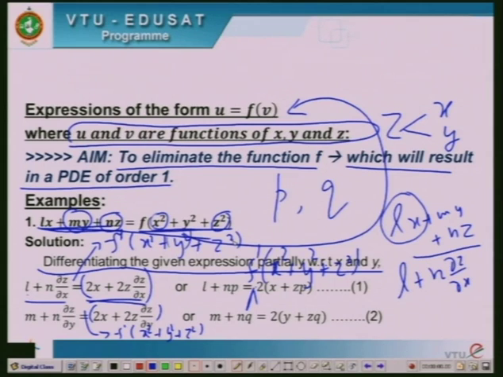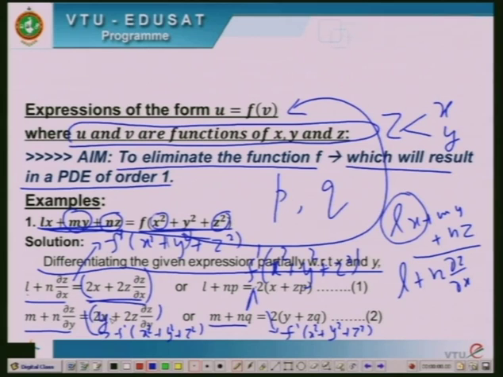So, if you use the notation, m + n ∂z/∂y becomes m + nq equal to f'(x² + y² + z²) into, taking the common factor, 2 times (y + zq).